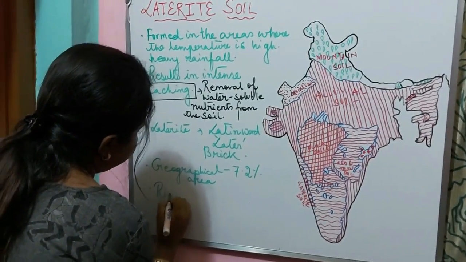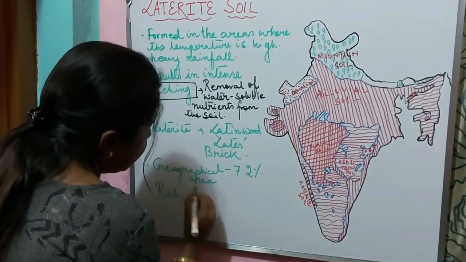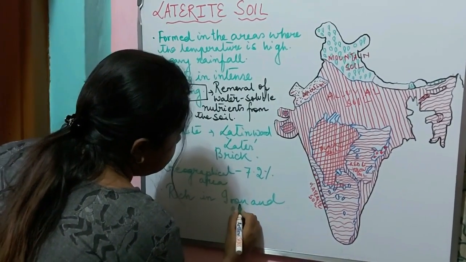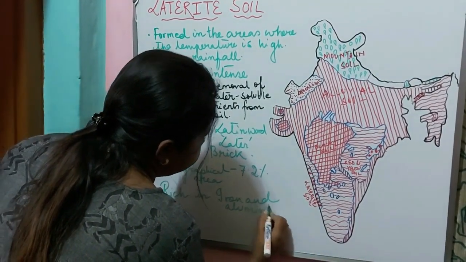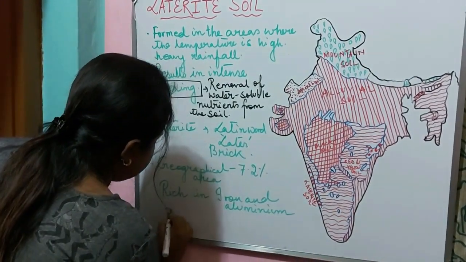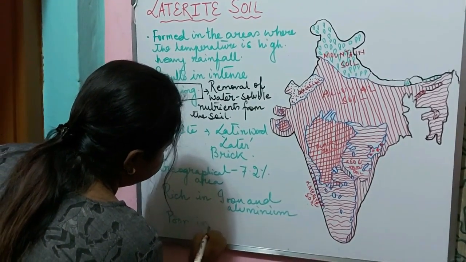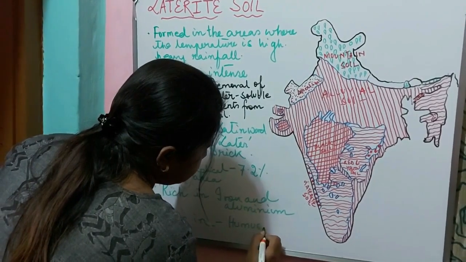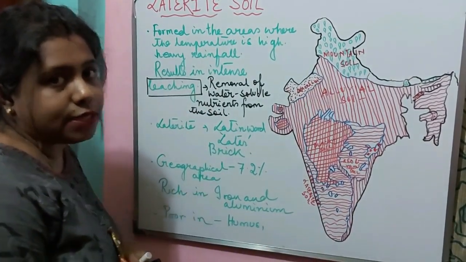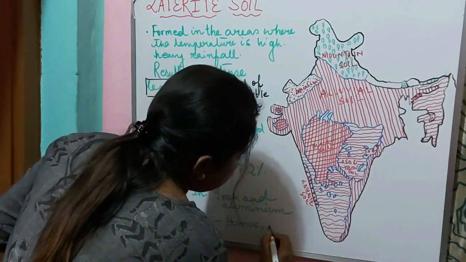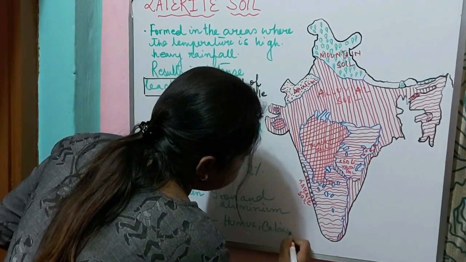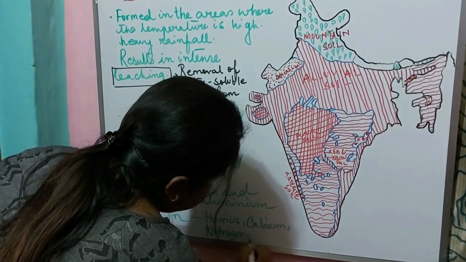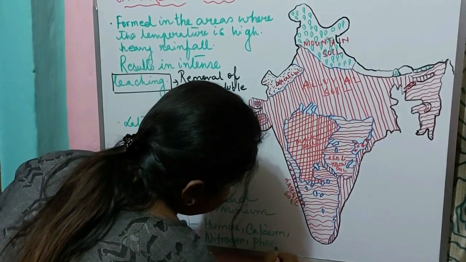This soil is rich in iron and aluminium, and poor in humus content. Why do we know? Because organisms cannot sustain calcium, nitrogen and phosphate.